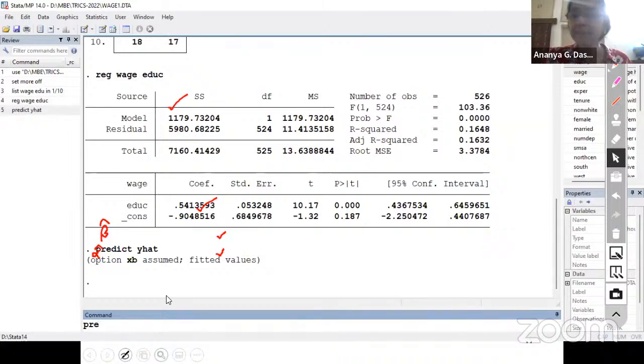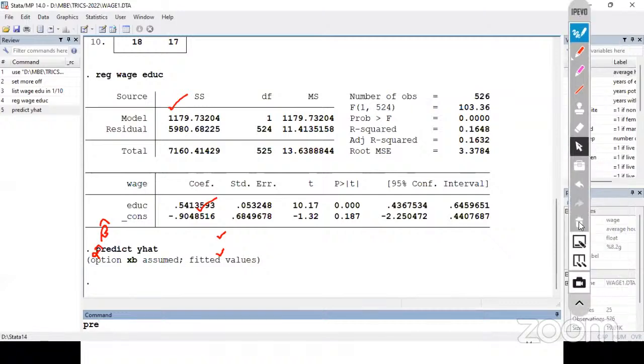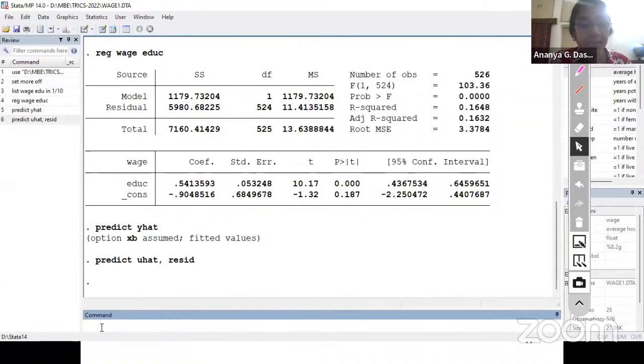Then I'm going to get the residuals as well, using predict, and I'm going to call the residuals u hat. Now I'm going to show it to you again for the first 10 observations: wage, education, so my y variable, my x variable, my y hat, and my u hat, which is my residuals.